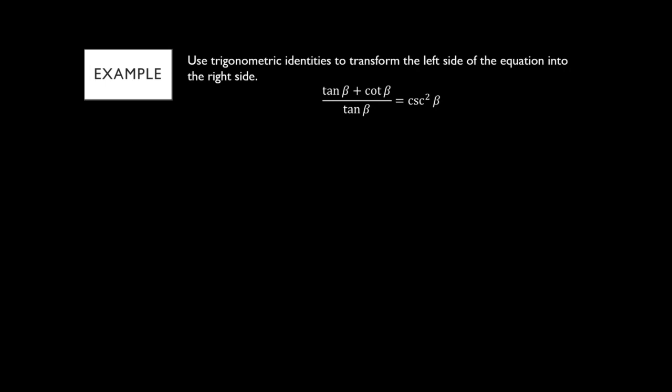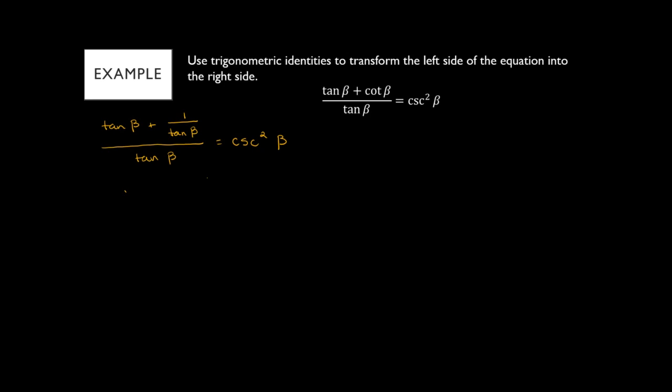So I'm going to start by just rewriting cotangent in terms of tangent. So I've got tangent of beta plus 1 over tangent of beta, all over tangent of beta, and that is equal to cosecant squared of beta.